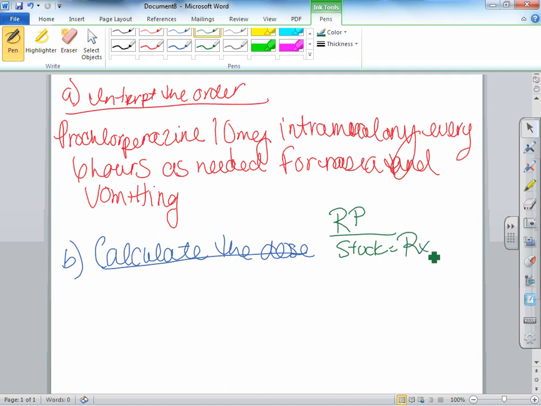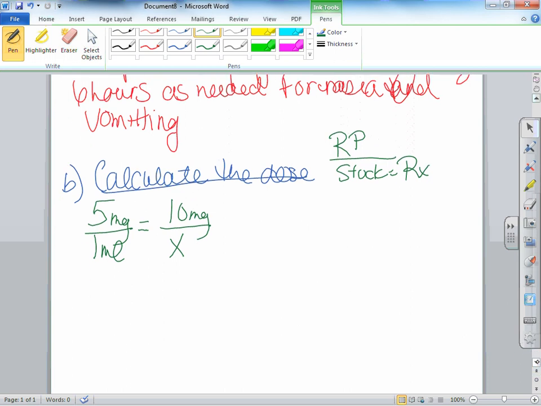So on the left hand side, just follow me. I'm going to put the strength of the medication, how it comes as far as the stock. So it's 5 milligram per 1 milliliter. The order is asking for 10 milligrams. That 10 milligrams goes at the top because milligrams is on the top. On the left hand side, X goes at the bottom.